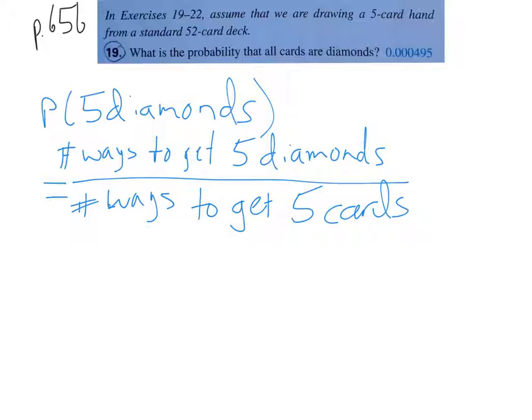Now the bottom is any 5 cards, right? So there's 52 cards. Imagine all the different ways you can choose 5 different cards out of 52. That's a pretty complicated thing to count.